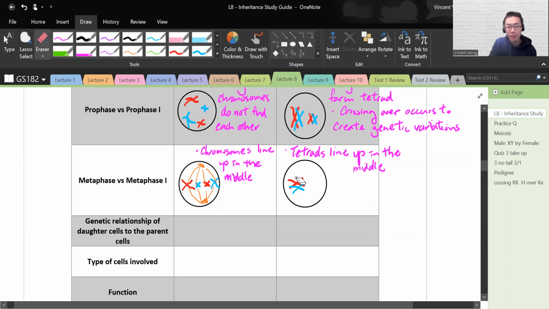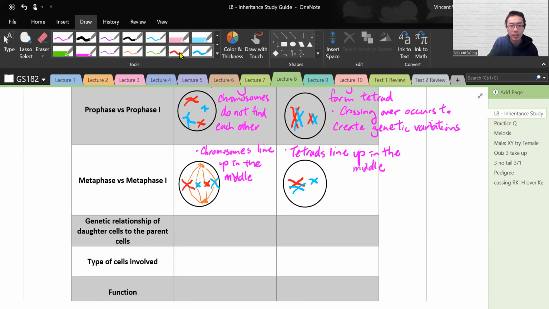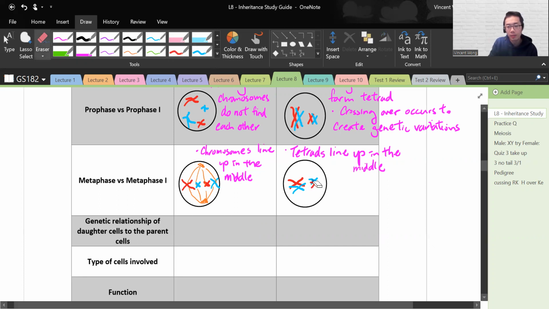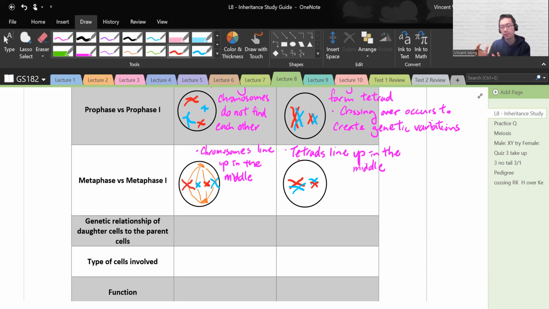Just because the red one is on top here doesn't necessarily mean the red one's going to be on top for the next pair. I mean, it could be, but there's no rule for that. Okay, so it could be the blue one is on top, right? It could be the red one is on top. So how each tetrad lines up is an independent event.